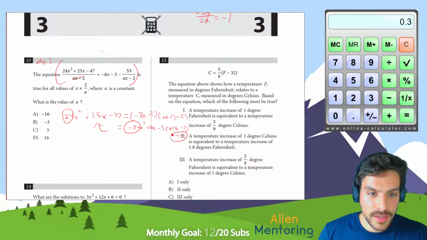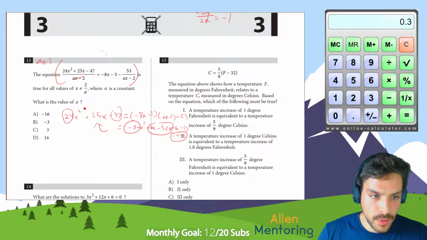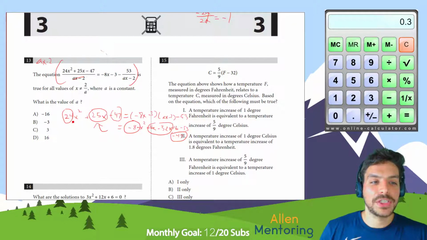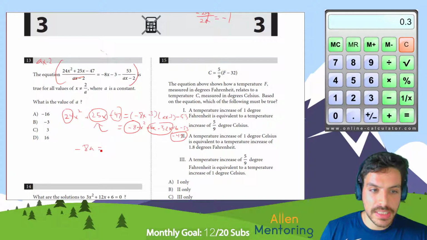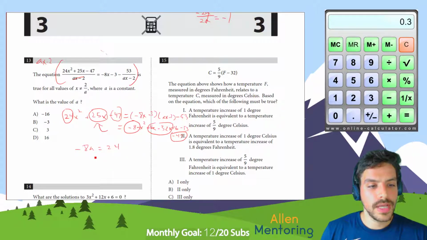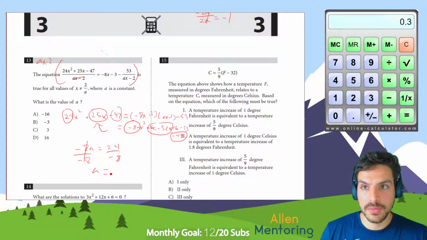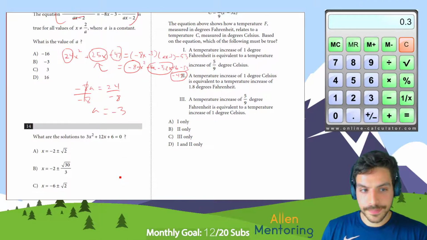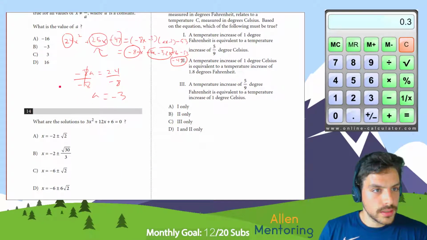So minus 47 matches up here, right? This whole jumble in the middle will match up with 25x, and negative 8ax squared will match up with 24x squared. So we know that negative 8a is equal to 24. And if that's the case, we can divide negative 8 on both sides. Okay, and a must be equal to negative 3. So far, so good. Alrighty, so that is B.